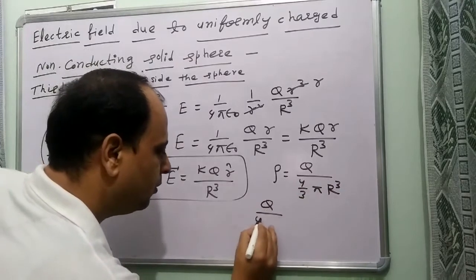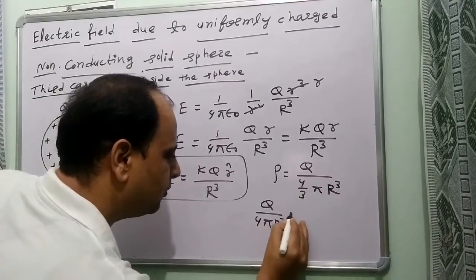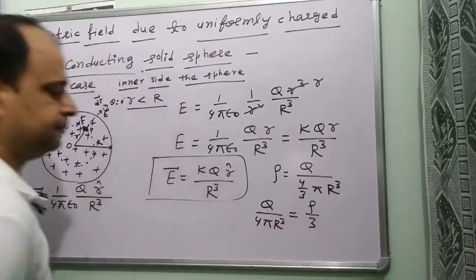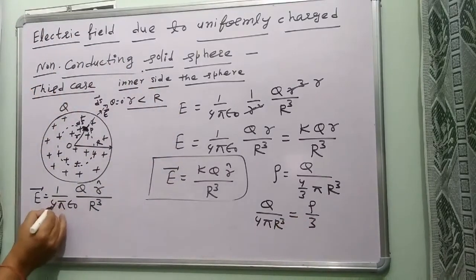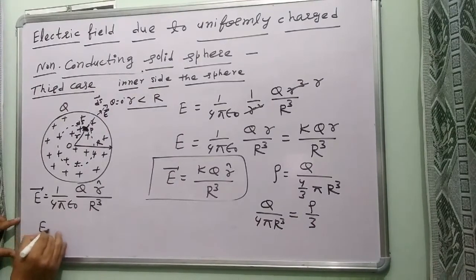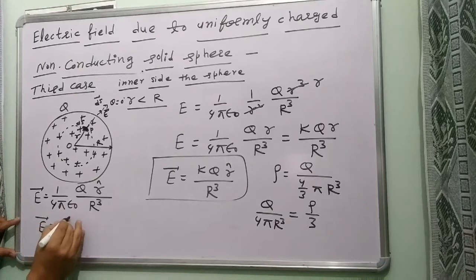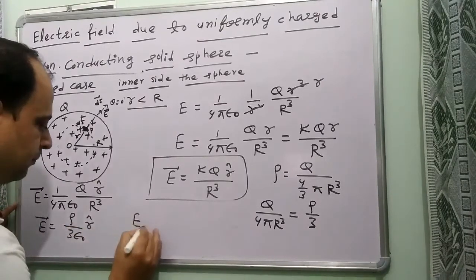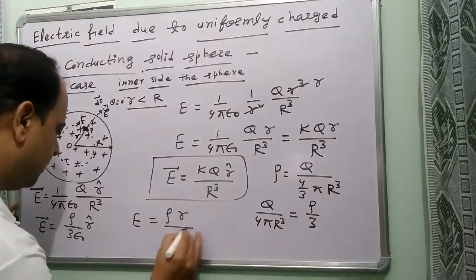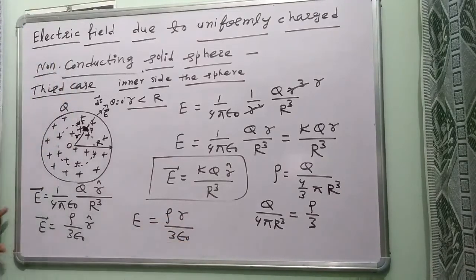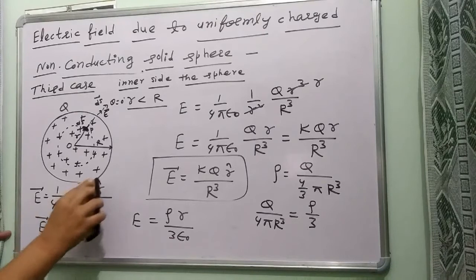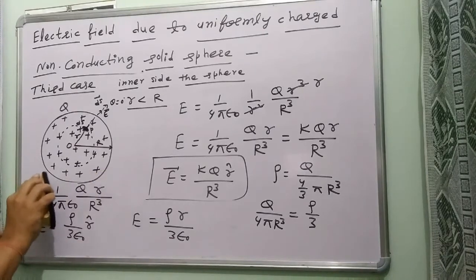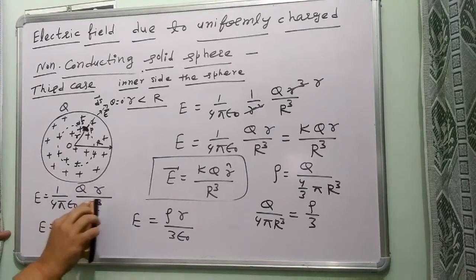Now Q upon 4 pi R cube is equal to rho upon 3. Then the electric field vector is equal to rho upon 3 epsilon 0 r cap. Now in the simple form, E equals rho r upon 3 epsilon 0. This is the simple form of the electric field.